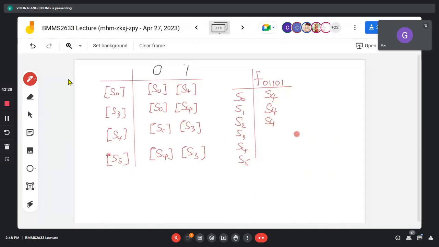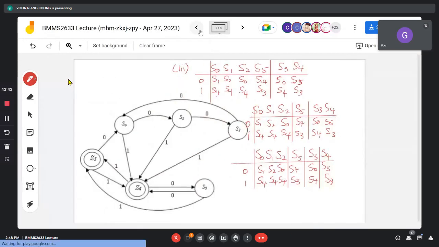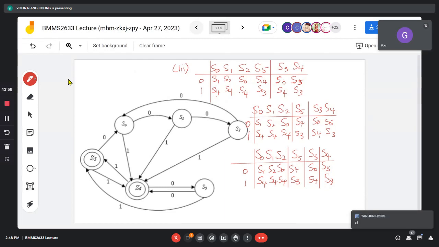And what is the answer for S3? Give me the answer. Did you try also? 0, 1, 1, 0, 1 for S3. What is the answer? S1?